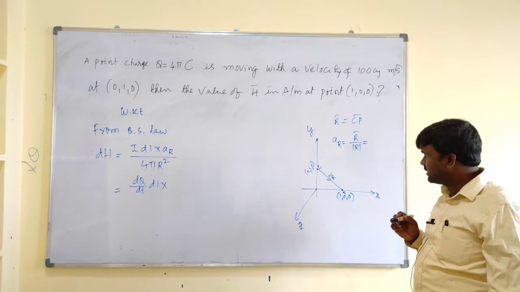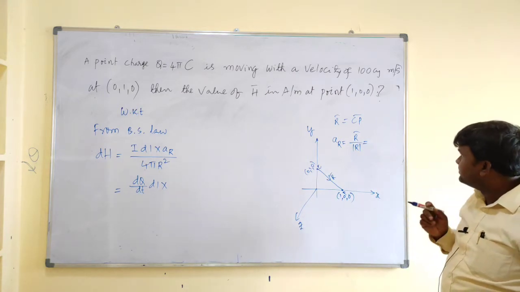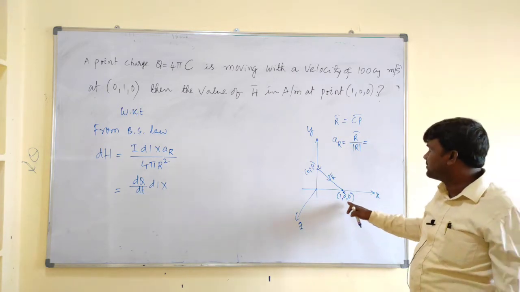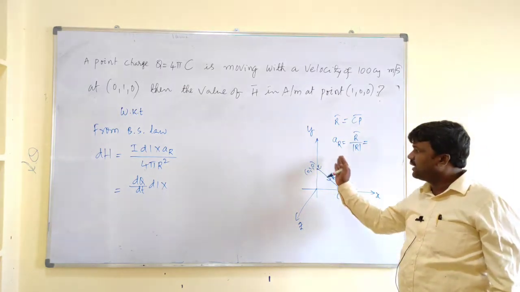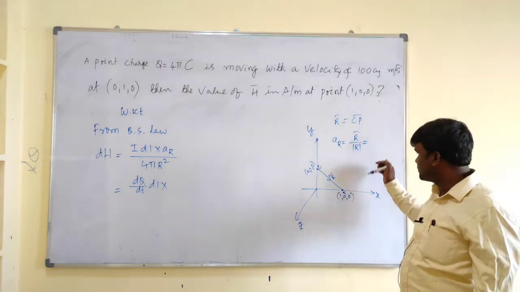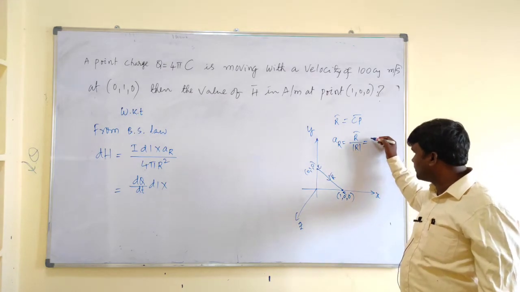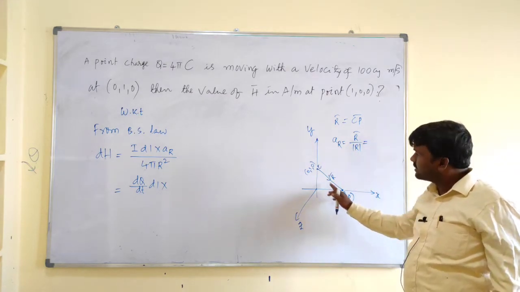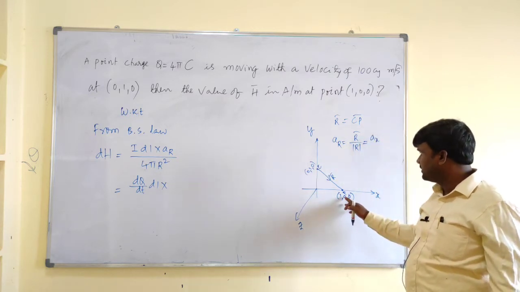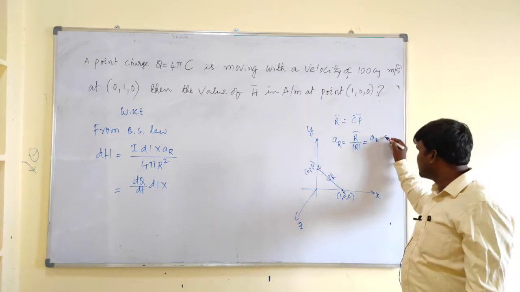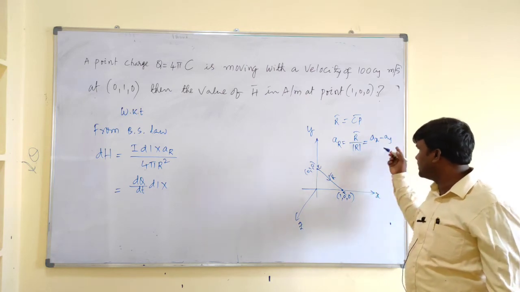It is the distance vector: terminating point minus starting point. That is 1 minus 0 into ax, that is ax; 0 minus 1, that is minus ay; and 0 minus 0 for az.